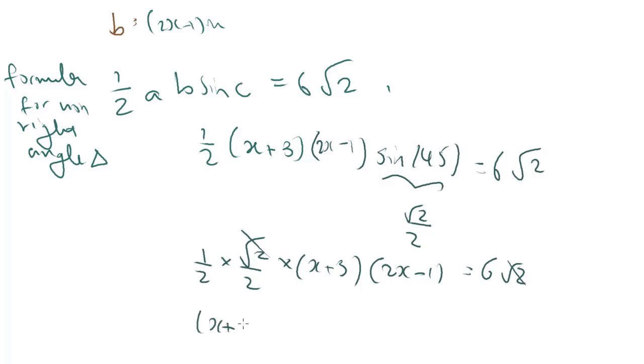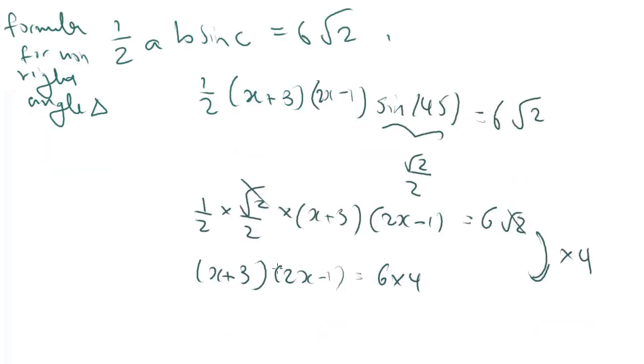So x plus 3, 2x minus 1 equals 6 times by 4. We just multiply by 4. So we have 24 on the right hand side. So that's the right hand side, this is the left hand side. So just multiply out.